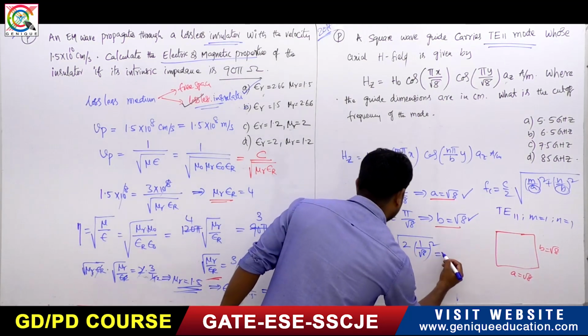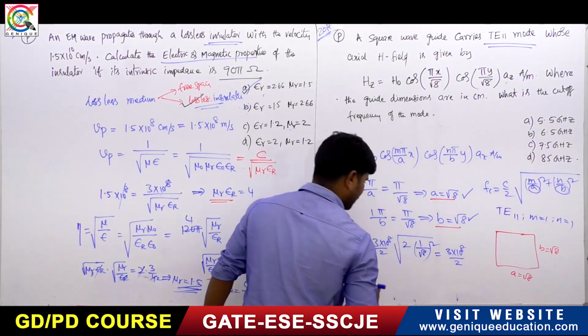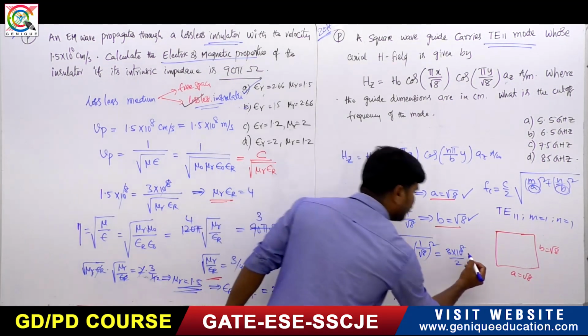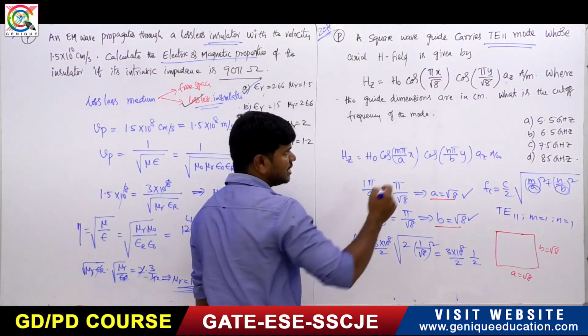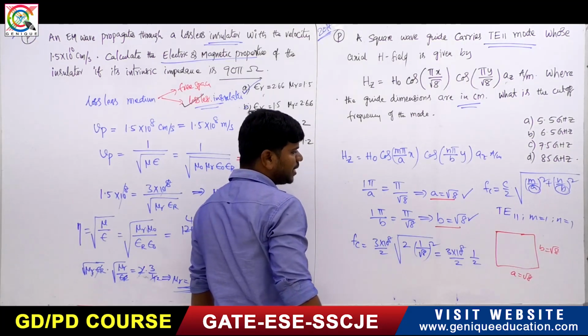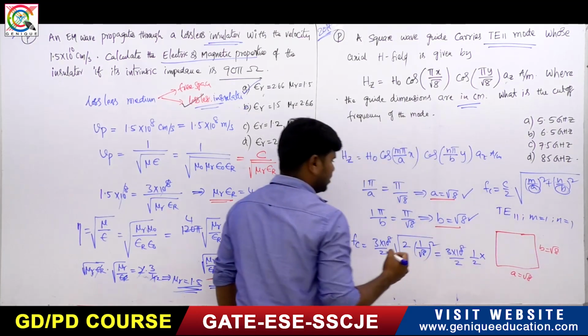So it is 3 into 10 power 8 divided by 2 into root of 1 divided by 4, which is 1 divided by 2.